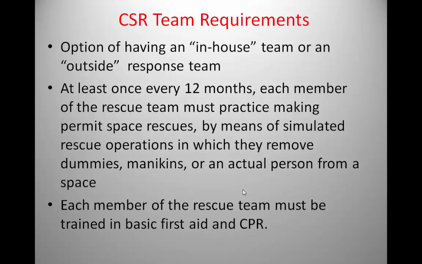Just by popping the top of a manhole, lowering somebody down, and then raising them up, that does not constitute satisfactory confined space rescue training. It can still be used as training, but it doesn't meet the requirement on qualifying or recertifying, for lack of better terms, that person to be an entrant, a rescuer. Also, each member of the rescue team must be trained in first aid and CPR, which we have covered through our regular training.